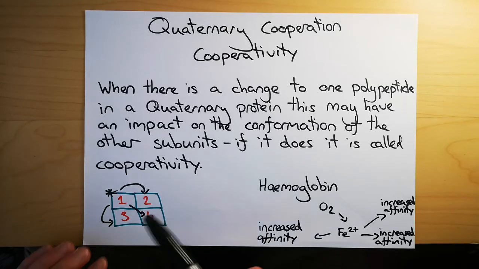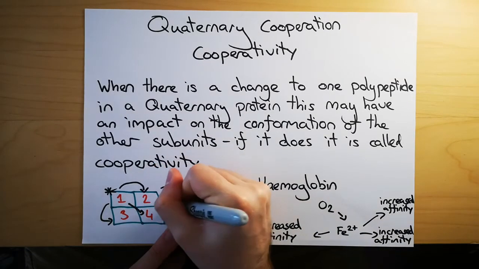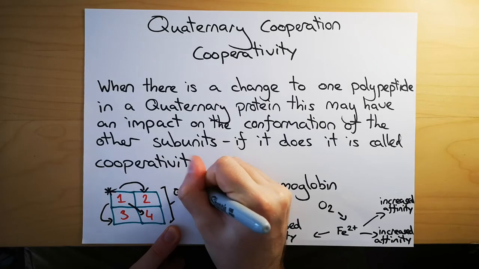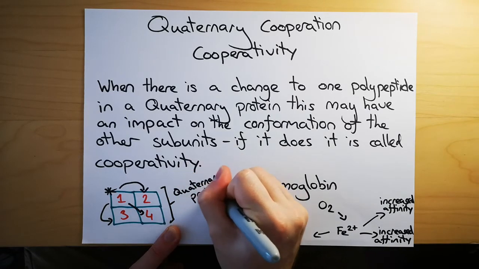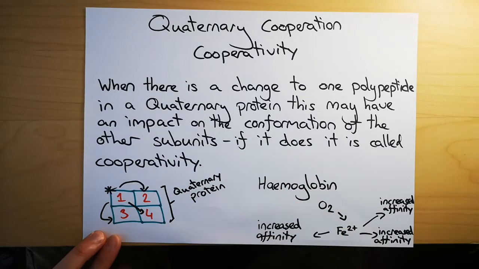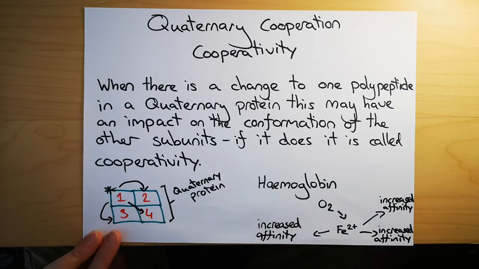So we've got whatever this whole thing is, our quaternary protein, and it has 4 polypeptide subunits.